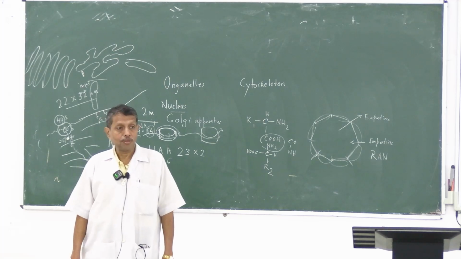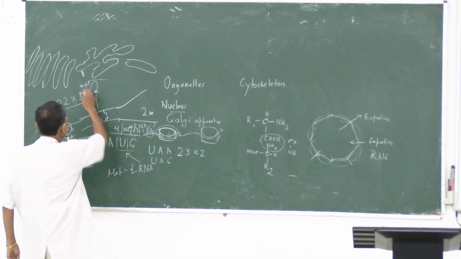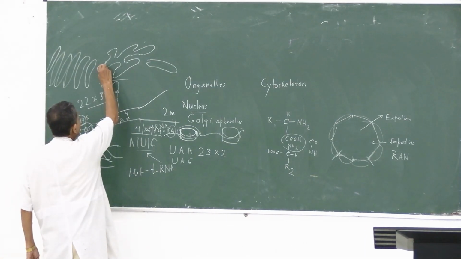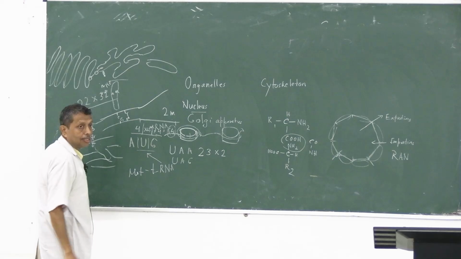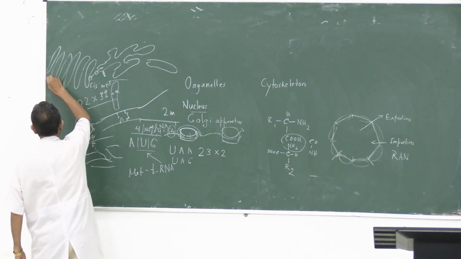Initial glycosylation occurs within the endoplasmic reticulum, and the protein produced from the lumen comes into the Golgi by means of vesicles, and this vesicle will bind here, which is the cis site, and this is the trans site.